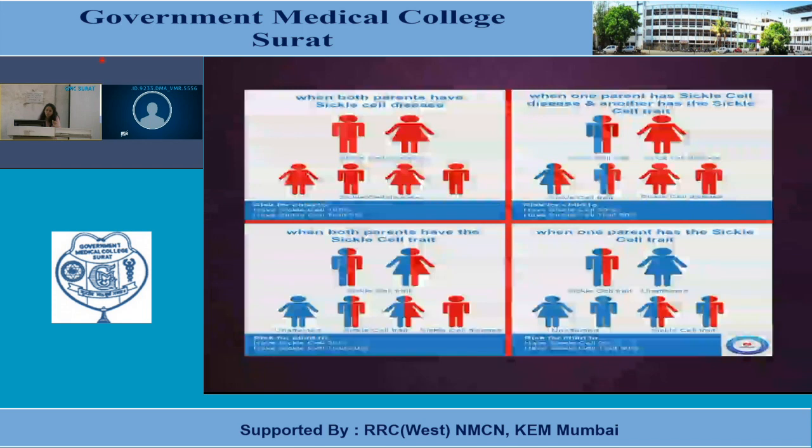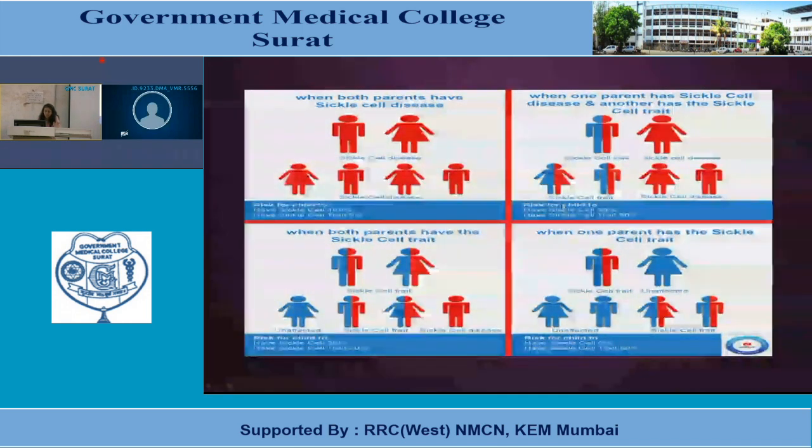Okay, this is a diagrammatic presentation. When both parents have sickle cell disease, the red is a manifestation of the disease, then all children have a 100% chance of sickle cell disease. Okay, 0% chance of trait, because sickle cell anemia is already there.